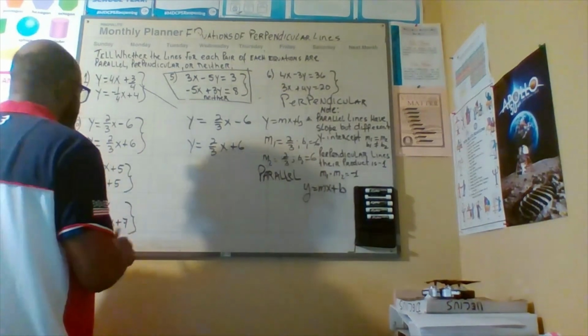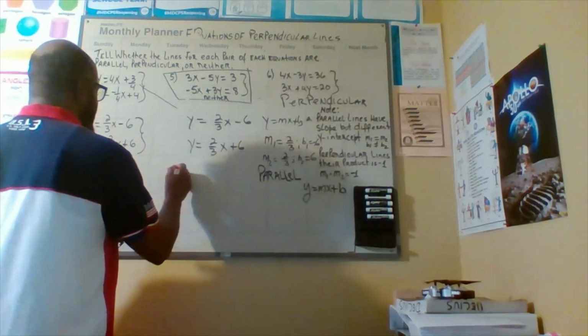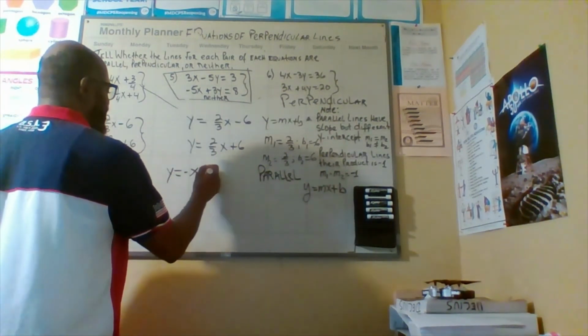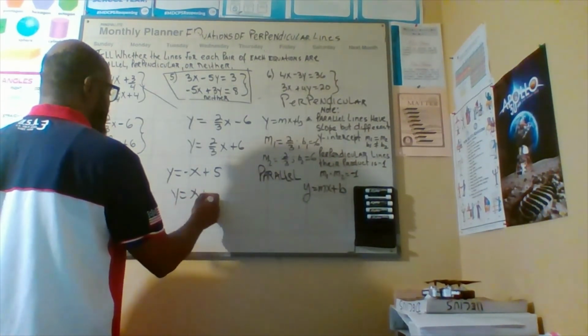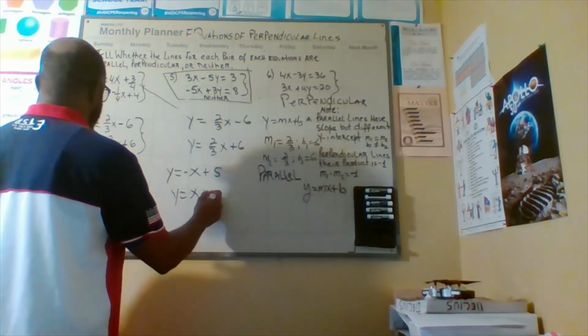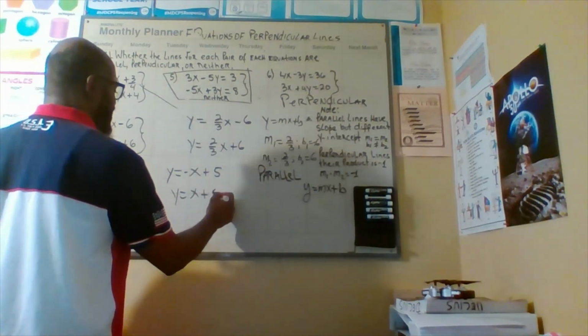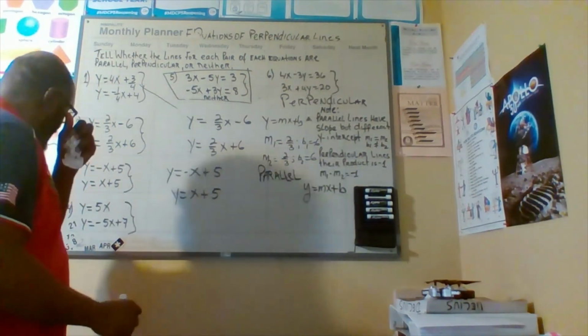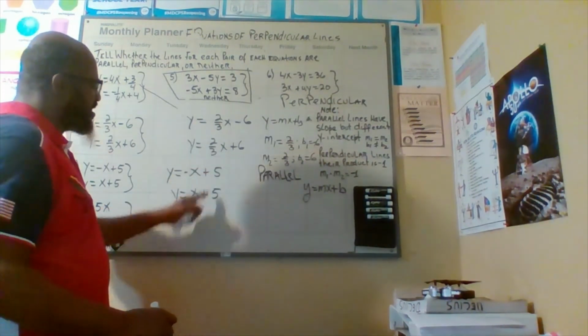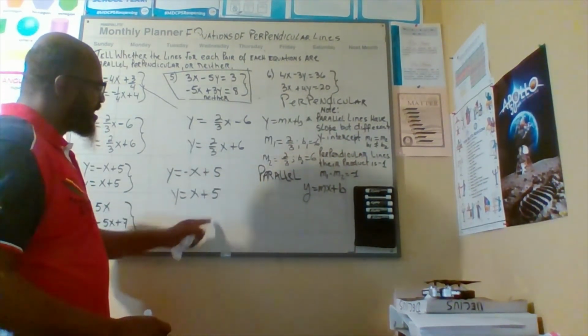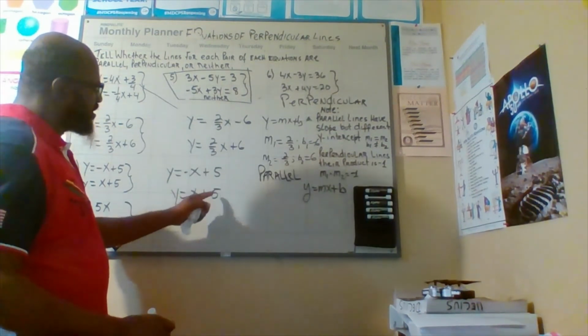Next one, you have y equal negative x plus 5, and you have y is equal x plus 5. All right. In this case, obviously, they have the same intercept, so they cannot be parallel. They will touch at 0, 5.